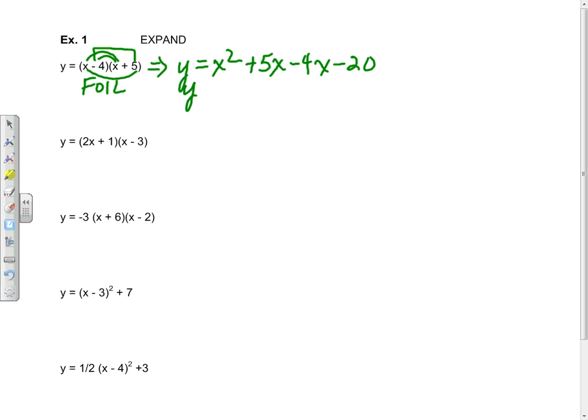Simplifying it to put it into the form we are used to, a trinomial, put my two x values together, I have 1x. You can write the 1 or not write the 1. And we have gone from x-intercept form to general form.